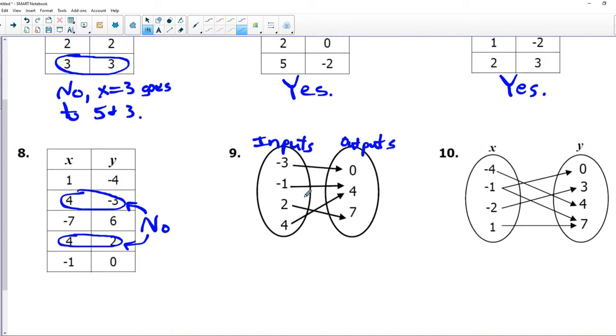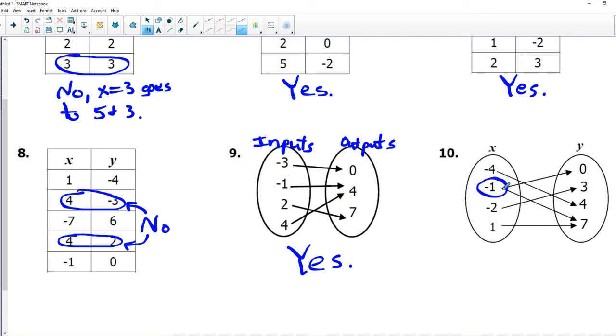Anyway, looking here, I can see that for each x value there's just one arrow coming out of it, meaning each x value is just going to one of these y values. Notice that 4 is being used more than once, but that's okay, it's a y value. This is a yes. Over here, we have one arrow coming out of -4 to 4, but when you look right here, the x value of -1 has 2 arrows coming out of it.